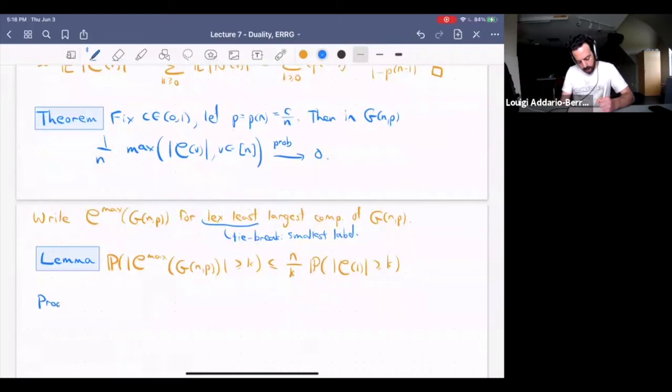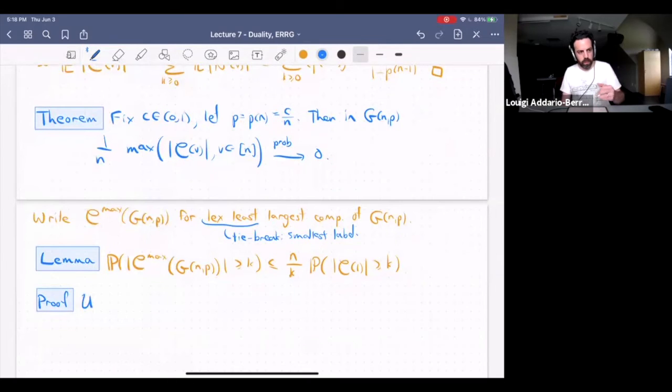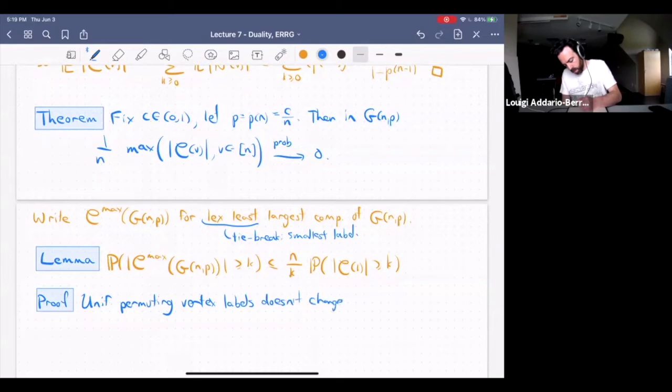I'll give you a quick proof as well. First, uniformly permuting the vertex labels doesn't change the distribution of G(n,p).